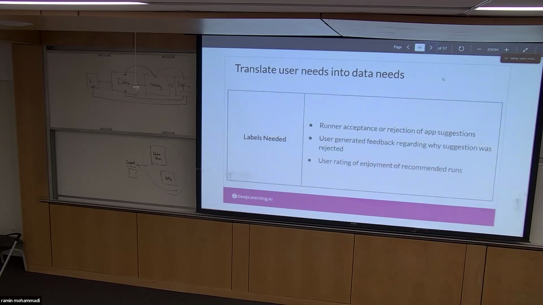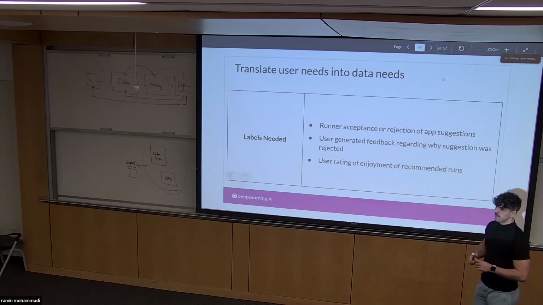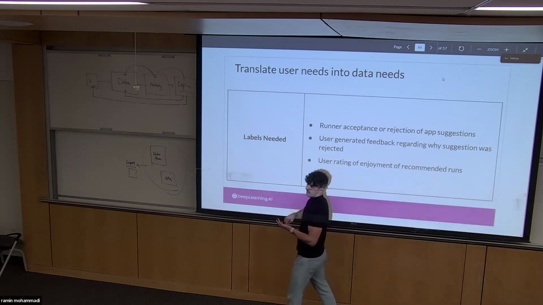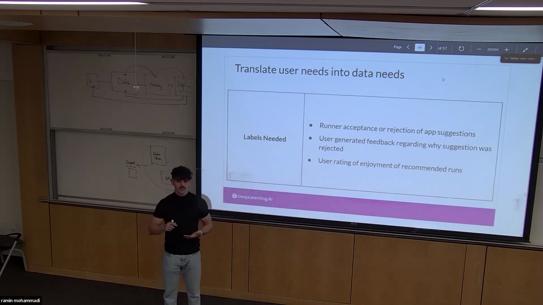From the labels perspective, try as much as possible to see if you can get feedback from the user. If they don't directly give you feedback, try to see if you can infer the feedback into a label. An example is that a user starts a run, they never click terminate, they just close the app. Sometimes I have done that while running.